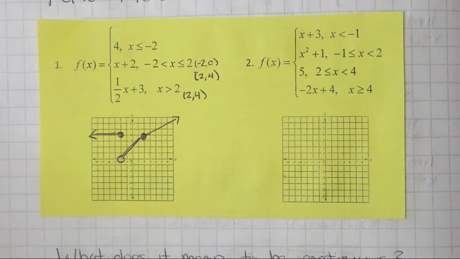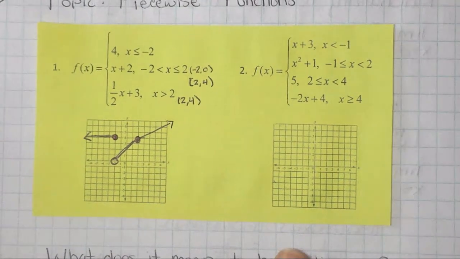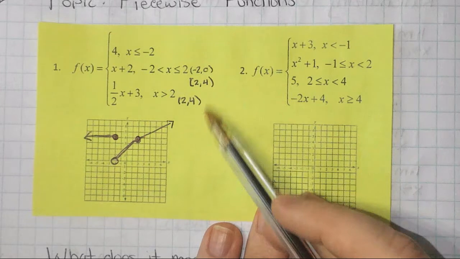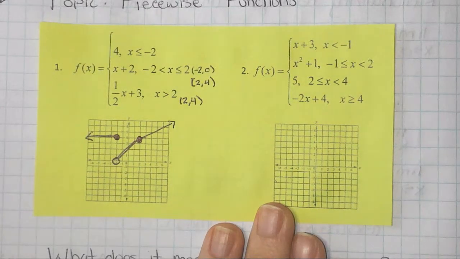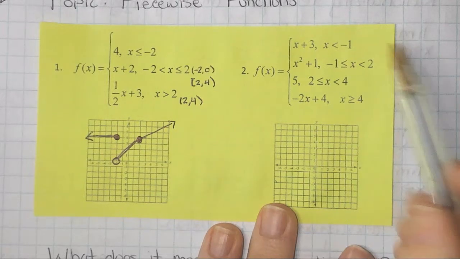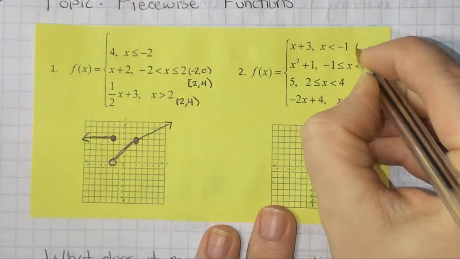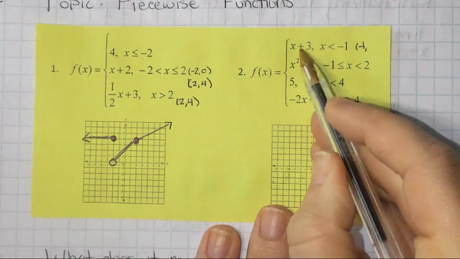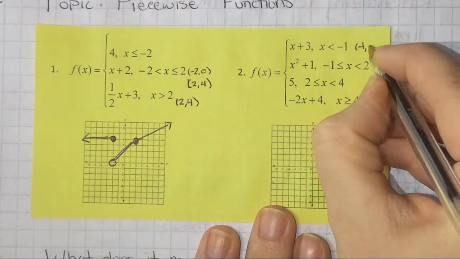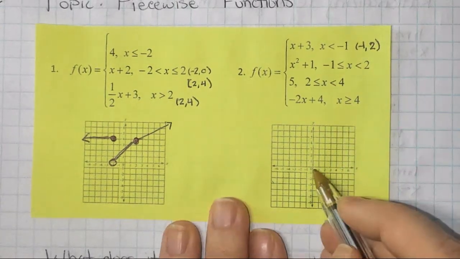So let's try number 2. I like to put my ordered pairs there. I don't know how you guys learned that, but I feel like it helps me understand it a little bit better. So look, if I plug in -1, what value do I get? 2. So I'm going to go to -1, 2.